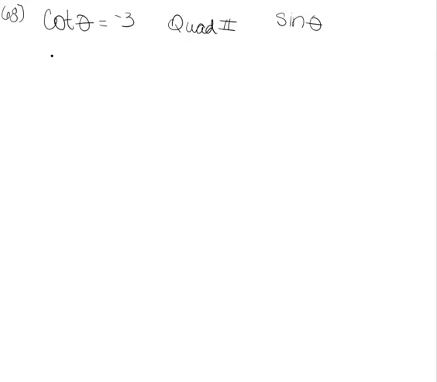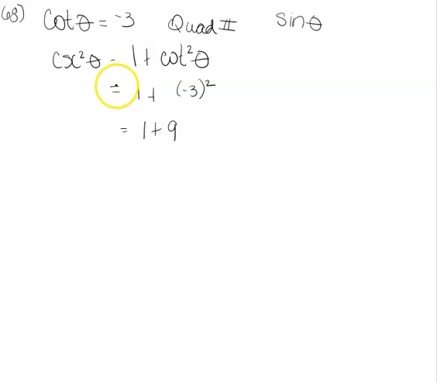So let's do that. We'll say cosecant squared theta is equivalent to 1 plus cotangent squared theta. So that is the same as saying 1 plus negative 3 squared, which gives me 1 plus 9, which is equal to 10.